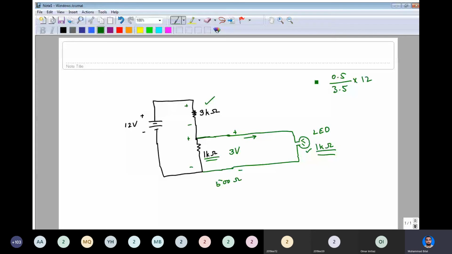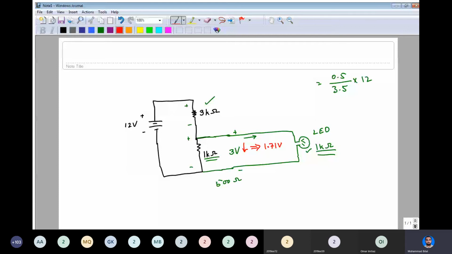If I use the calculator, the result is 1.71. It means this voltage will drop from 3 volts and become 1.71 volt. That is the problem with the resistive voltage divider circuit.